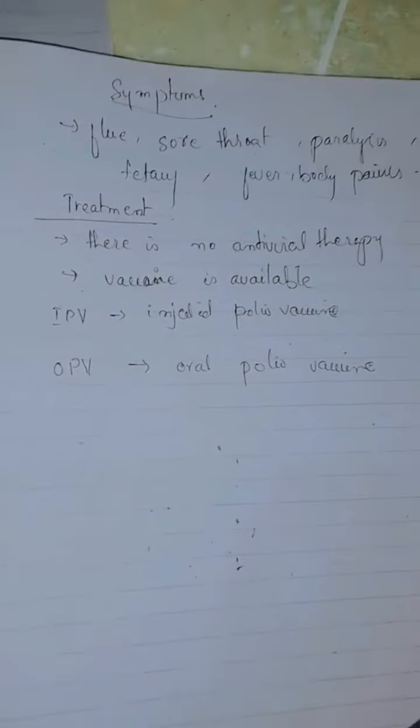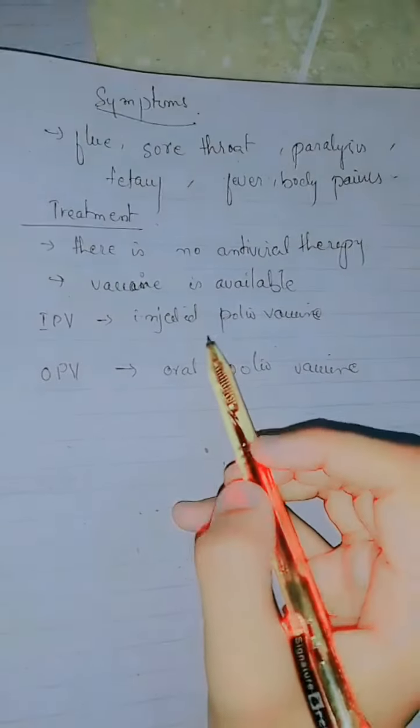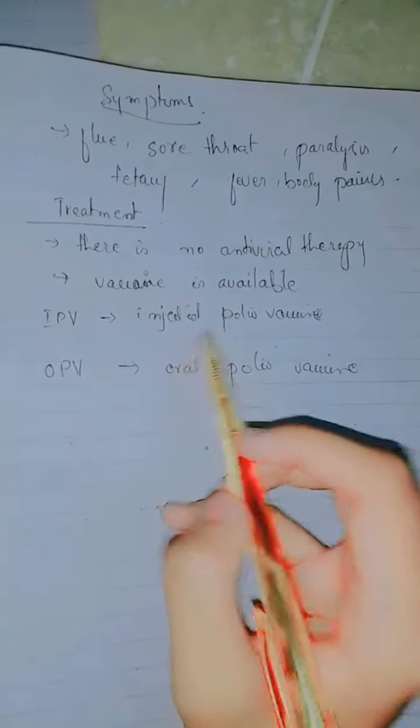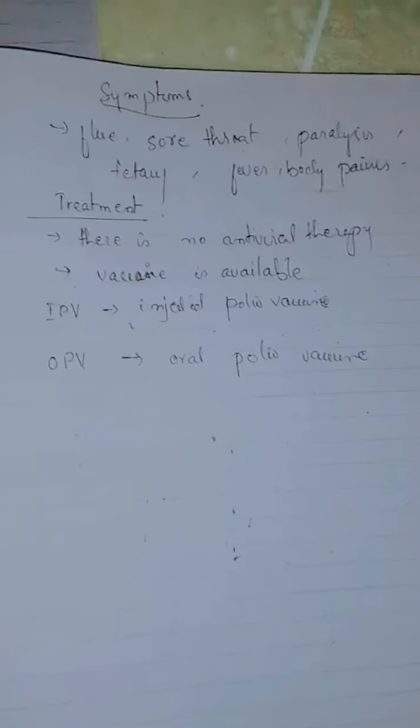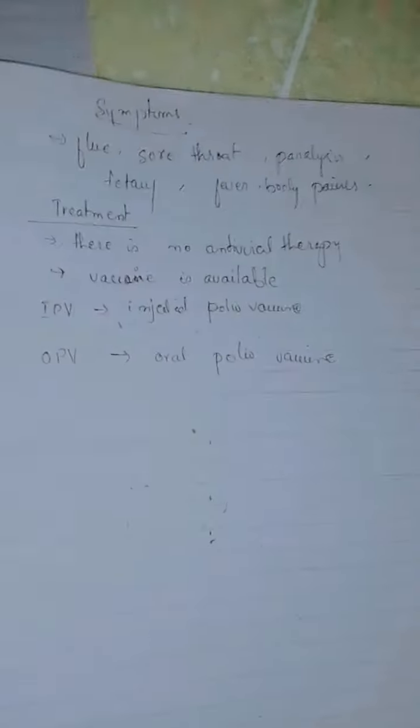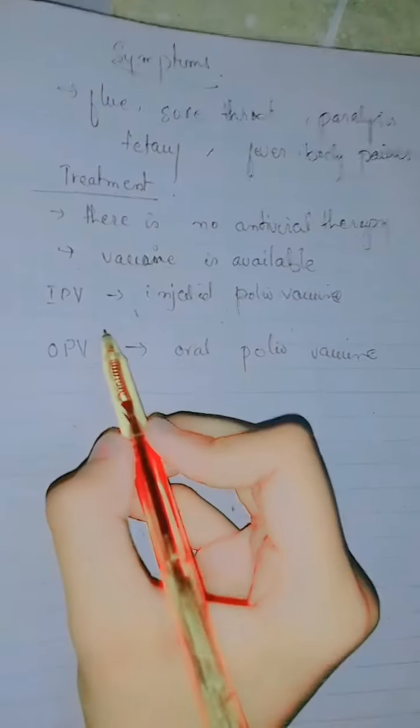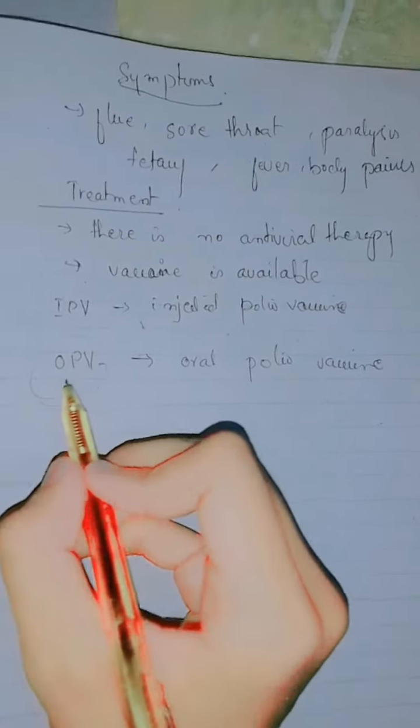This IPV vaccine is the best vaccine against polio virus, but it is not available in Pakistan. It is available in foreign countries, but not in Pakistan. The vaccine we are taking since our childhood is OPV, the oral polio vaccine.